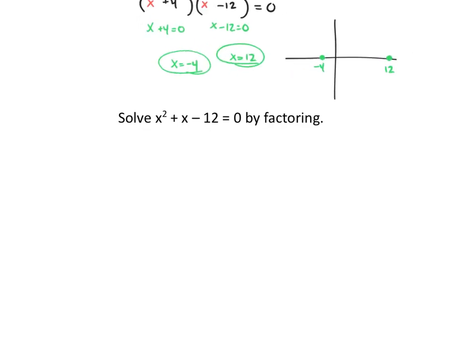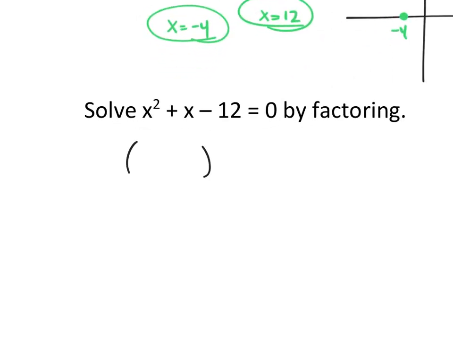So let's try another. It's the easy type once again. So what you would do is start off x and x, think of numbers that multiply to -12, that also add to +1. Those numbers would be a +4 and negative 3.